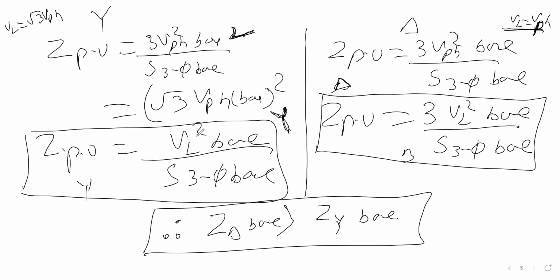That's why in the previous class as well I wrote for Z per unit that this concept is only for star, and over here this concept is only valid for delta connections. Concluded that your Z base in delta is greater than your Z base in star.